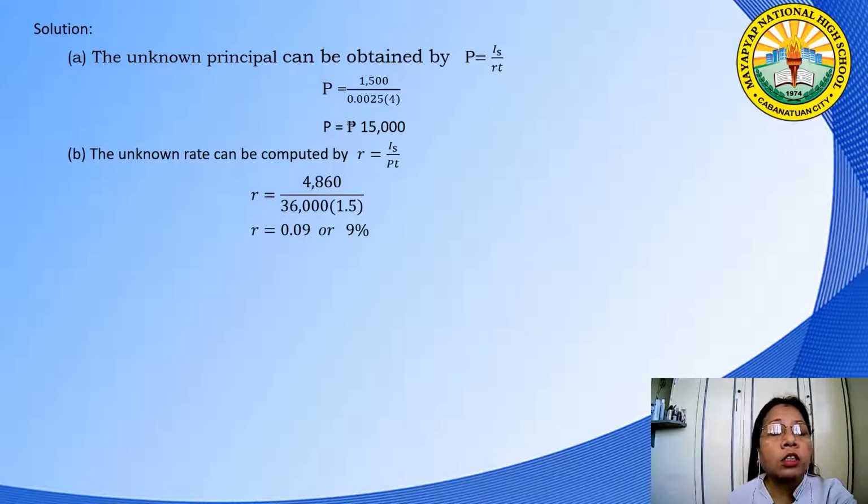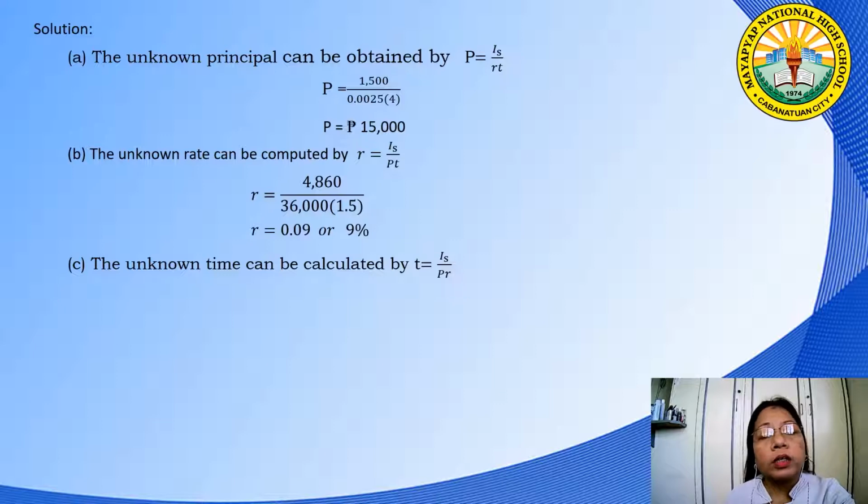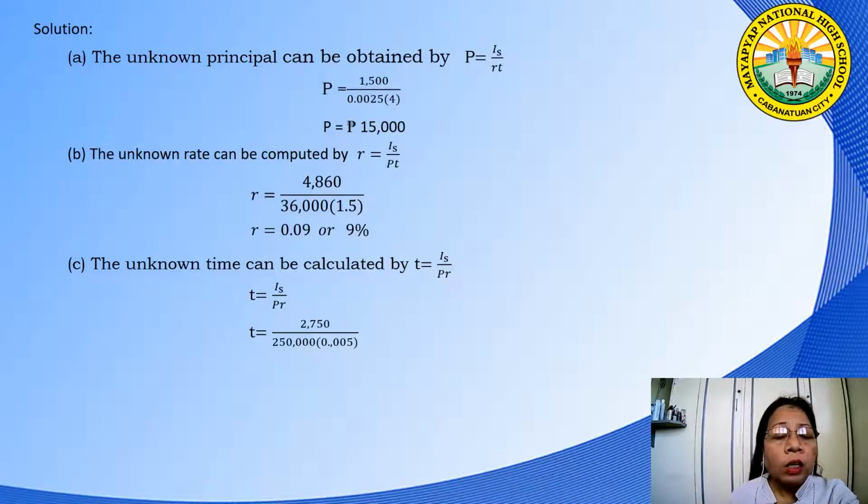So that gives you 9%. And the unknown time can be calculated by T equals I sub S over PR. So again, replace I sub S equals 2,750 divided by the principal, which is 250,000, multiplied by 0.005. Then the time is 2.2 years.